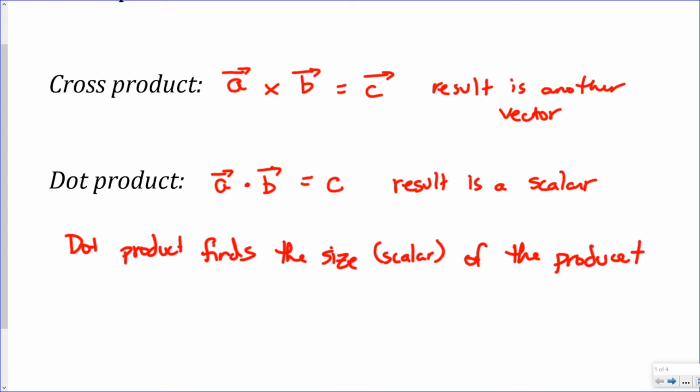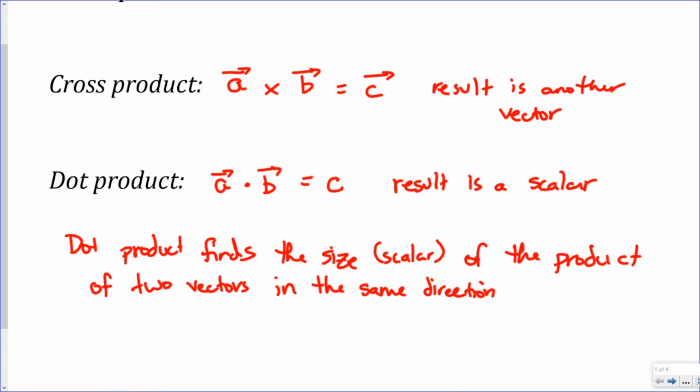The size of the product. Let's make sure I spell correctly. So dot product finds the size of the product of two vectors. Here's the key part, in the same direction. This is the part that makes this different than the cross product.